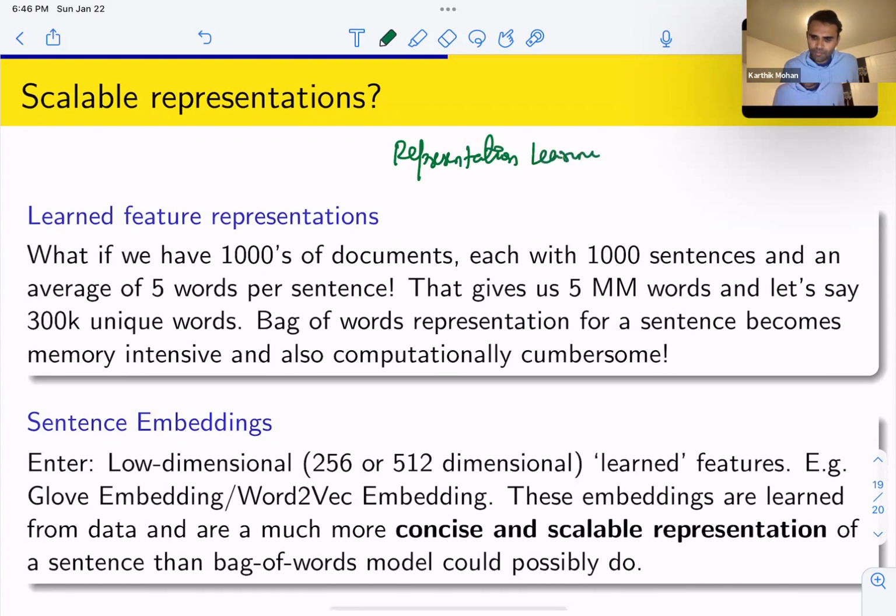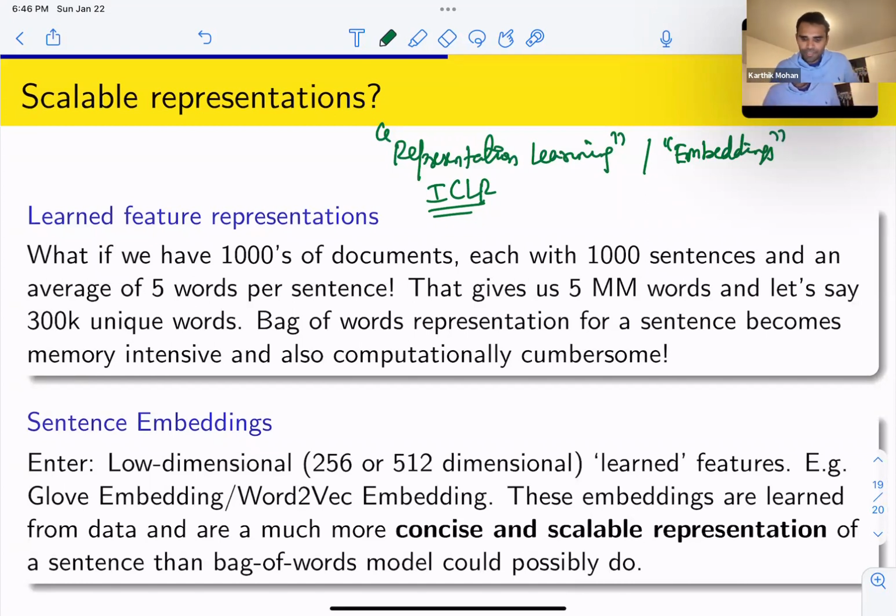And there's an entire conference for it. I think the conference is ICLR, International Conference on Learning Representations. Also embeddings. So essentially take a large representation and make it more compact, so it can be reused. You can train more compact models. It conveys more information. So that's what representation learning is all about.